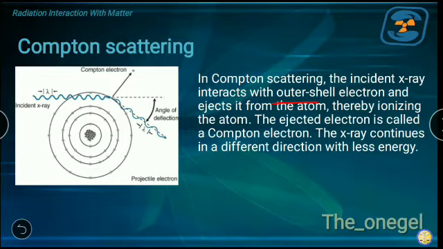The ejected electron is called the Compton electron. In some other books it is called the recoil electron, or it can also be called the secondary electron. Whichever name you are most comfortable with, Compton electron, recoil electron, or secondary electron, it is only one and the same: the electron product of the Compton interaction.